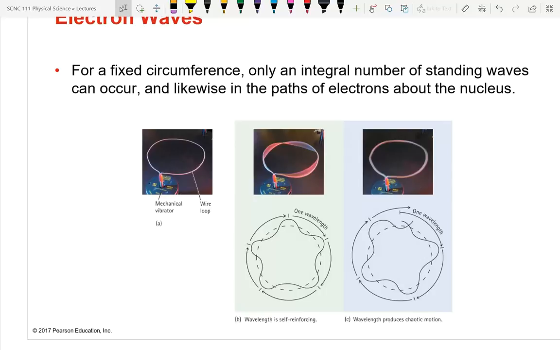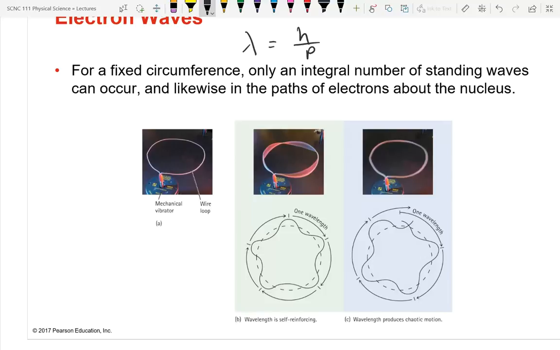According to the Bohr model, the electrons did circular orbits. Louis de Broglie, actually you want to pronounce it right, it's Louis de Broglie. B-R-O-G-L-I-E is Broglie. Louis de Broglie came up with the relationship between wavelength, the symbol for wavelength is lambda, and momentum, which we are not going to study at all.